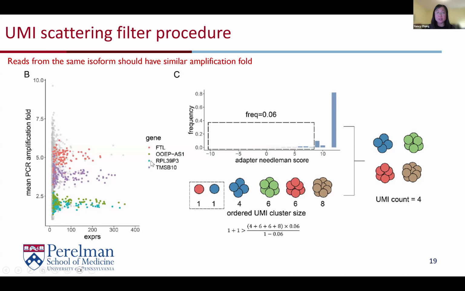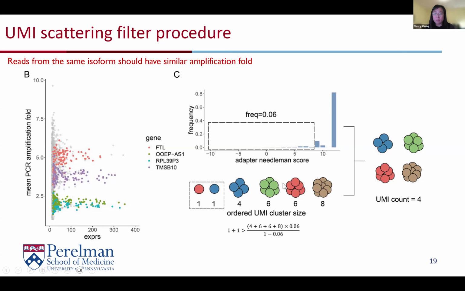So each dot is a cell expressing this gene. And you see that indeed, the PCR amplification fold is about the same across different cells, regardless of their expression level for this gene, which means that we should have a common estimate for the PCR amplification fold across cells, across expression levels for the same isoform.